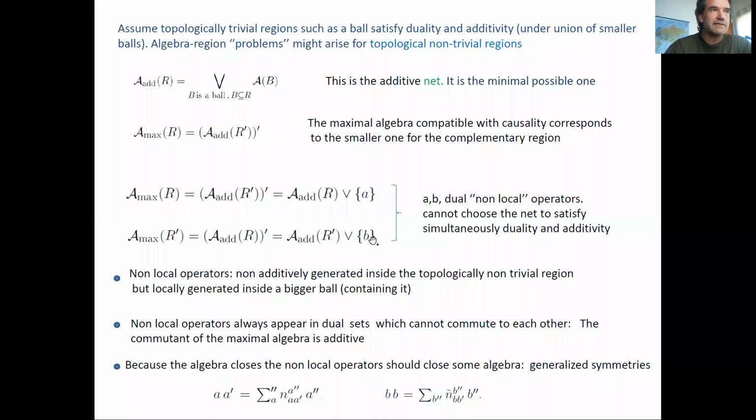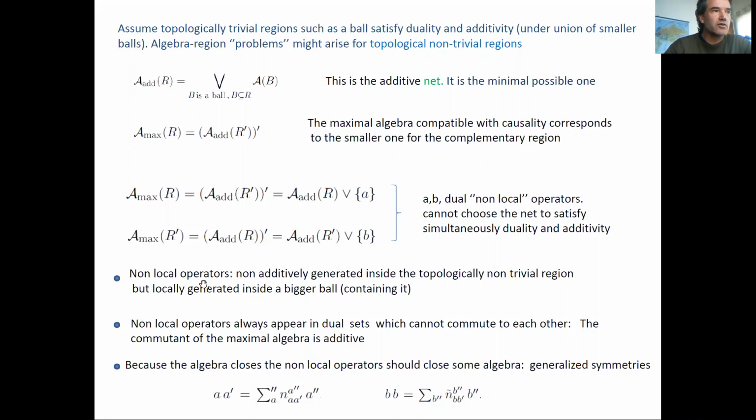So it means that in this case, when there are non-trivial extra operators, we cannot have at the same time additivity and duality for the region R and the complementary region R prime at the same time, right?